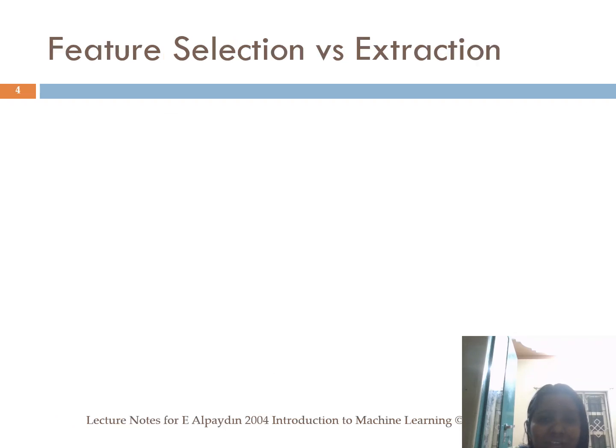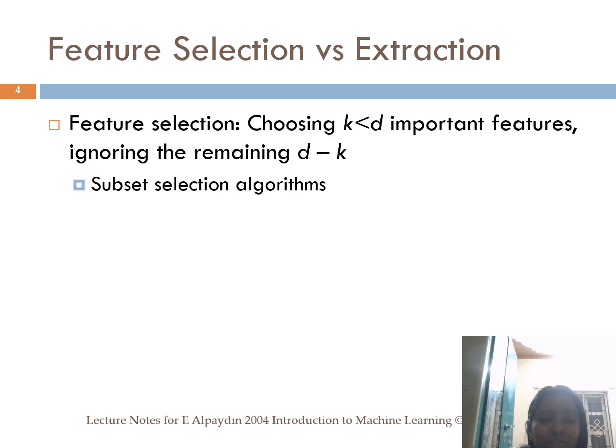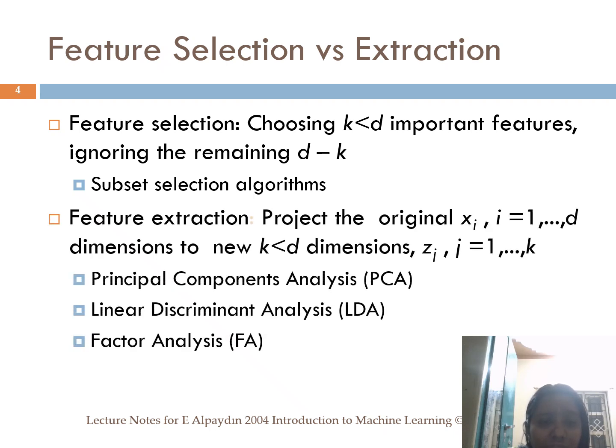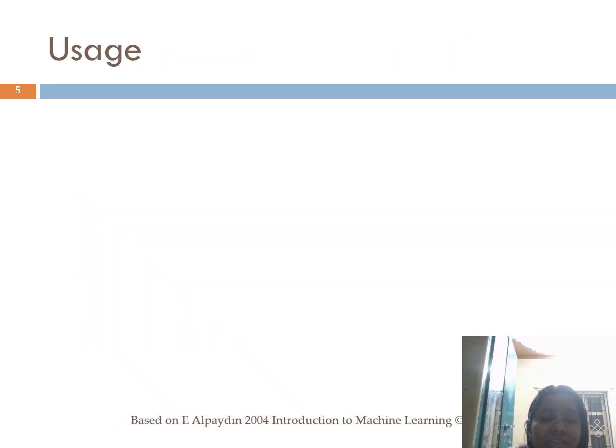Dimensionality reduction is mainly used for feature selection and extraction. What is feature selection? Feature selection is an important concept in machine learning, used to find the important features, where we pick k out of d dimensions, and subset selection algorithms are used. Feature extraction projects the original d dimensions to k less than d dimensions, where we have principal component analysis, linear discriminant analysis, and factor analysis.